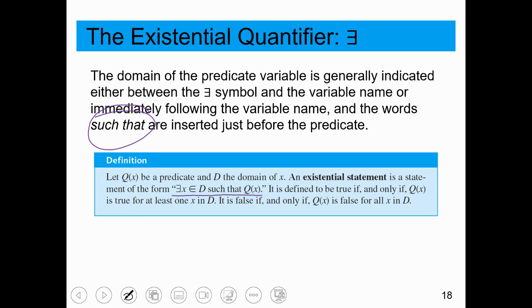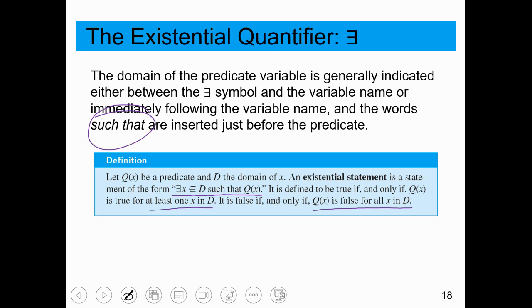Now, an existential statement is simply saying that there is at least one. So it is defined to be true if and only if Q of x is true for at least one x in D. And it's false if and only if Q of x is false for all x in D. So this is very different from the universal quantifier.